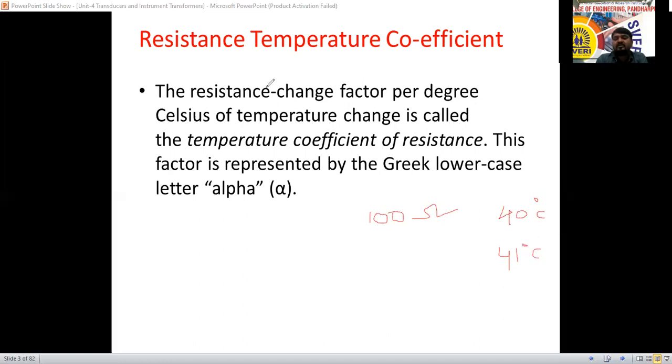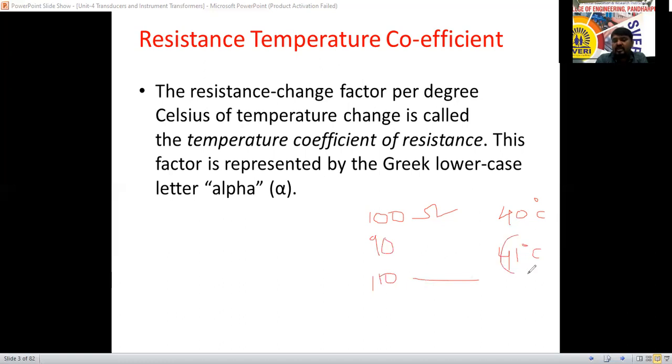If the resistance is 90, then it is not linear, it is opposing each other. If it is 110, then the resistance increases as temperature also increases. That is linearly proportional, resistance and temperature.